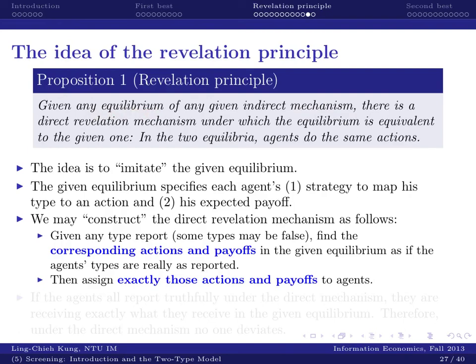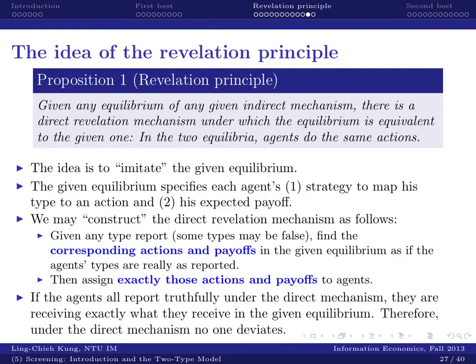Now you construct a direct mechanism like this: you give me your type, and then, according to what you should do in the original indirect mechanism, I assign you those tasks and give you those payments. That's what I mean by imitating the given equilibrium.